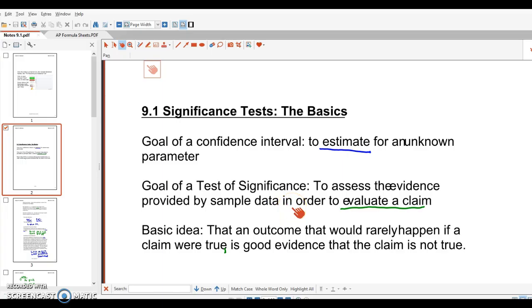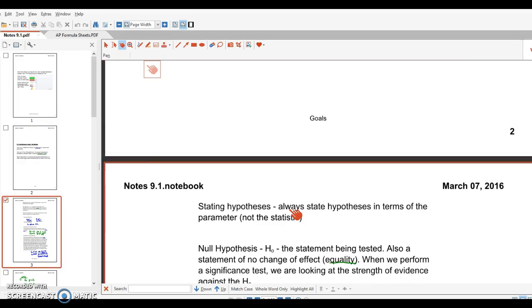In other words, I want to see how likely it is that my previously held belief is correct about the population. The basic idea is that if it is unlikely that a certain outcome would happen in a sample, that gives me evidence to suggest that what I thought was true about the population is actually false.